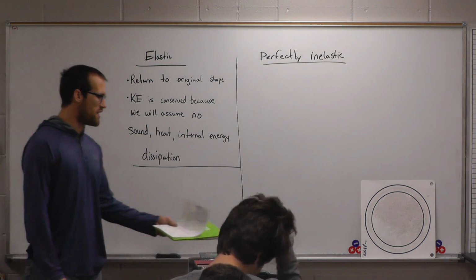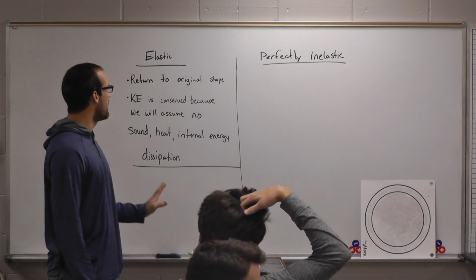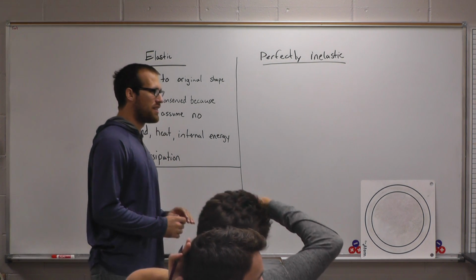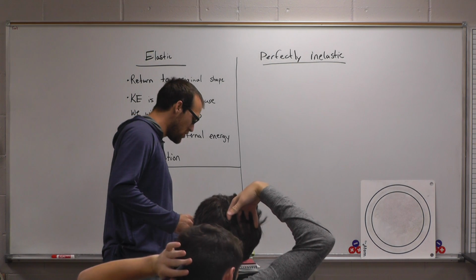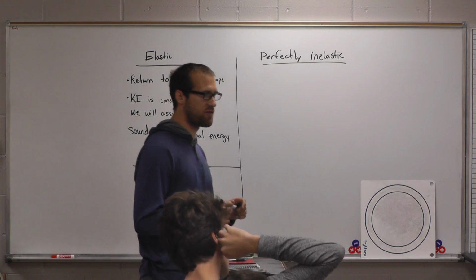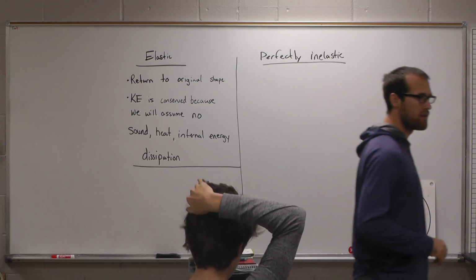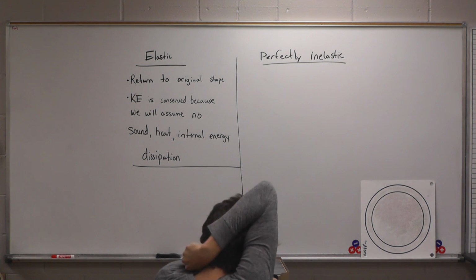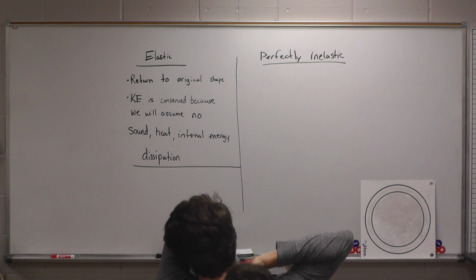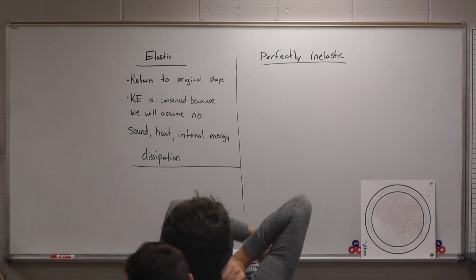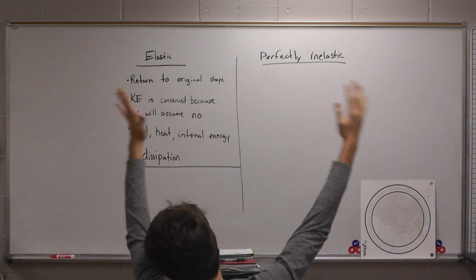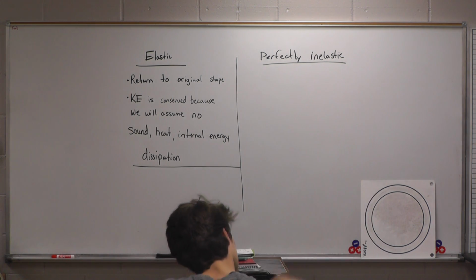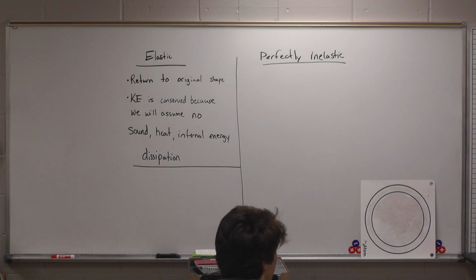Okay, so give me an example of something that is elastic, that we know isn't completely true, that kinetic energy is conserved from a real life standpoint. Golf ball. Okay, on a hard surface. If I take a golf ball and I drop it down on a hard surface, there's no deformed golf ball or deformed ground, right?